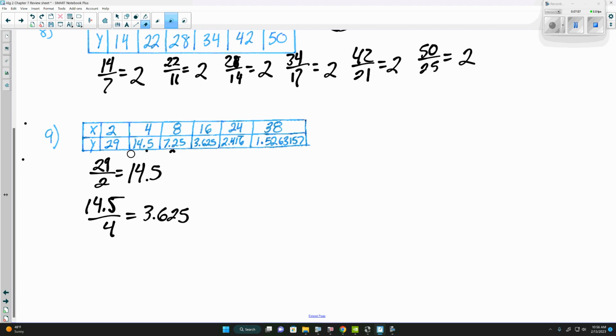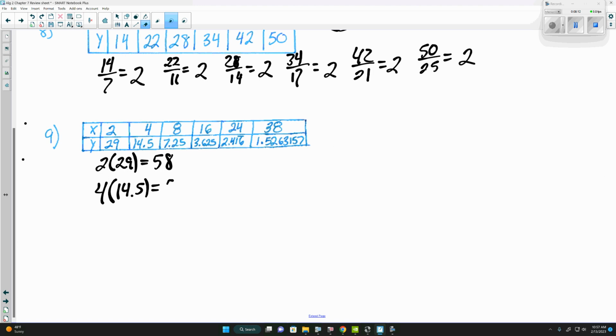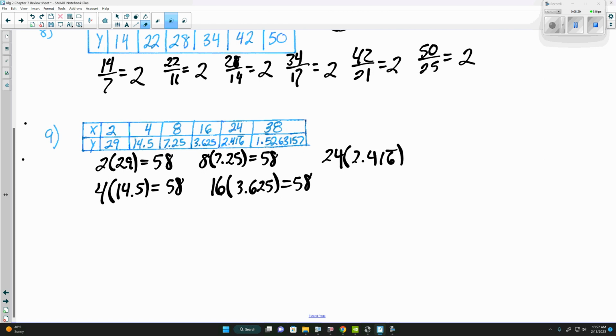But this is not direct. So the other choice is inverse. And if we do 2 times 29 is 58. 4 times 14.5 is 8 times 7.25. 16 times 3.625. 24 times 2.416 repeated is 58.